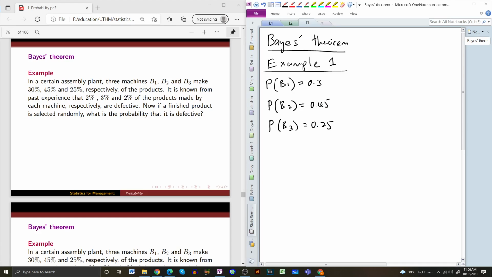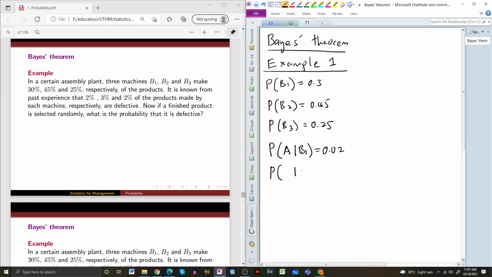It is known from past experience that 2%, 3% and 2% of the product made by each machine respectively are defective. So if the product is done by B1, it is defective, defective I put an A here, is 0.02.